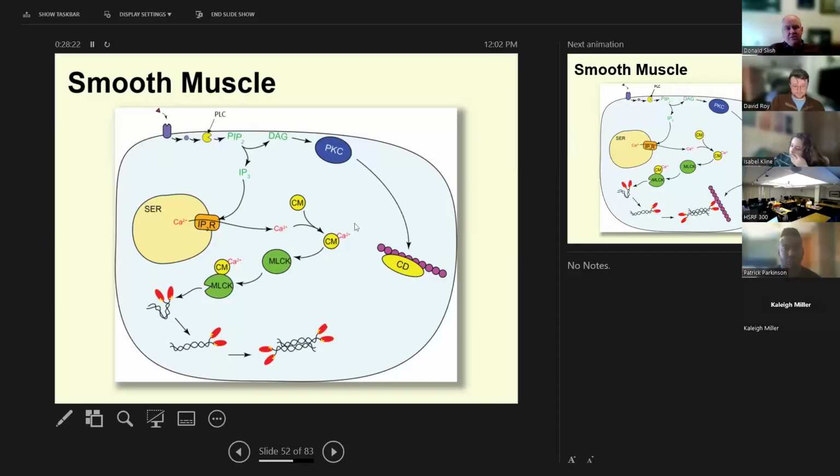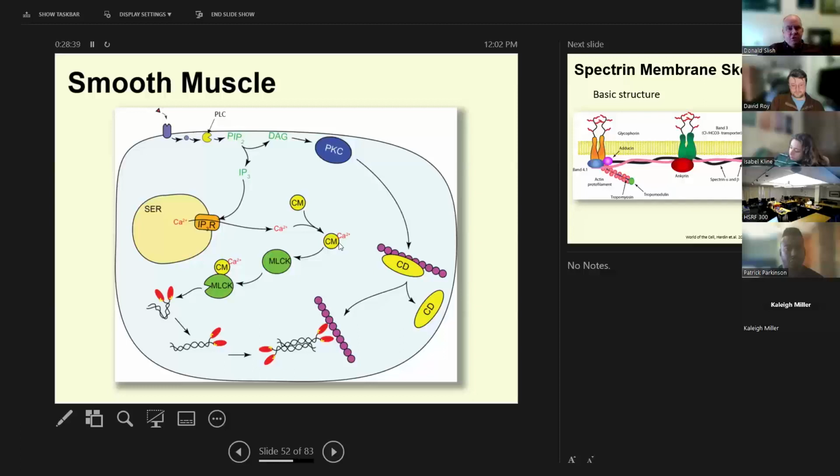But also calcium calmodulin will bind to caldesmon and pull it off. So this is all calcium dependent again. Protein kinase C needs calcium to be active. So again, calcium increases, that causes caldesmon to come off by either phosphorylation or calmodulin. And now you can get cross-bridge cycling and contraction.